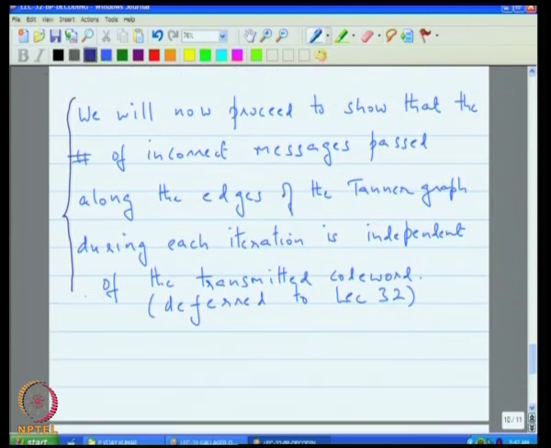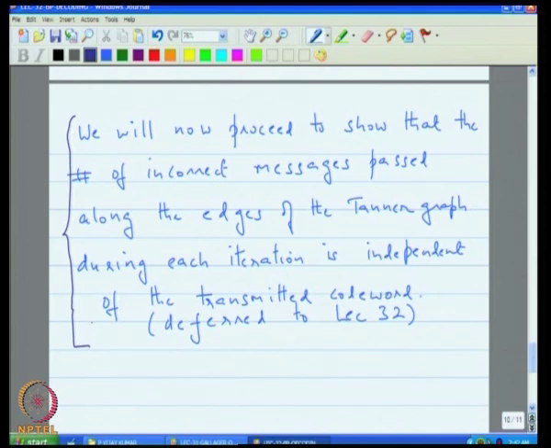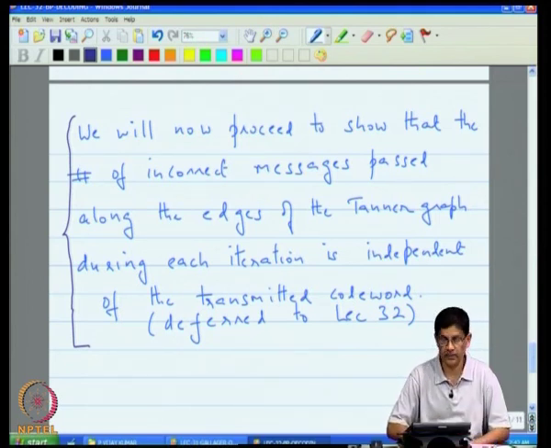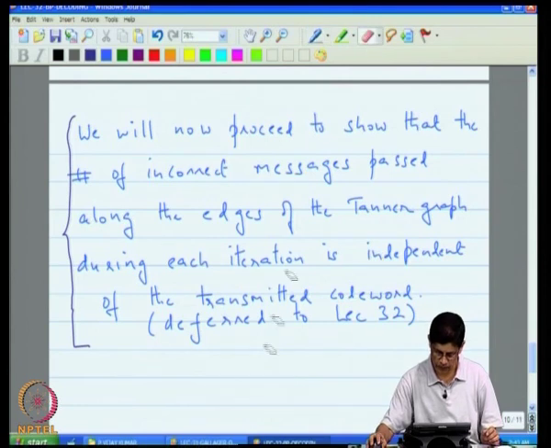Okay, so we will now proceed to show, carried over from last time, that the number of incorrect messages passed along the edges of the Tanner graph during each iteration is independent of the transmitted code word. So this was earlier deferred to this.